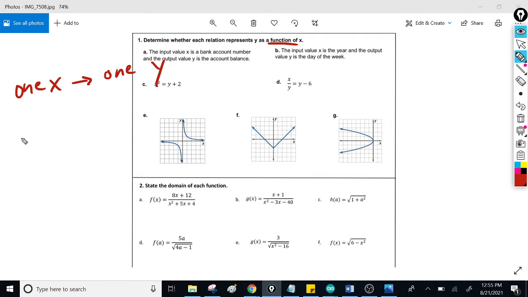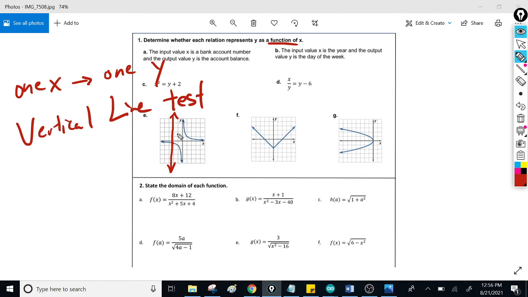So you can do the vertical line test, all right? The vertical line test tells you that at any given point, let's just say right here, at any point on this line, you will draw a vertical line and make sure this line only goes through the graph once, all right?